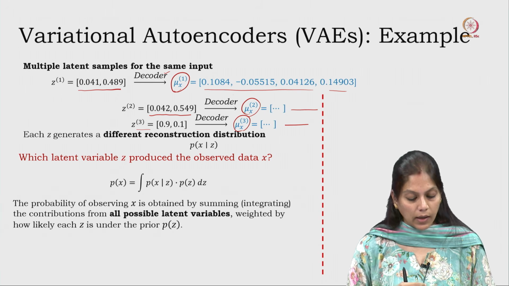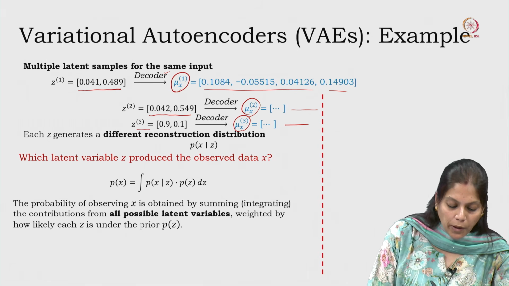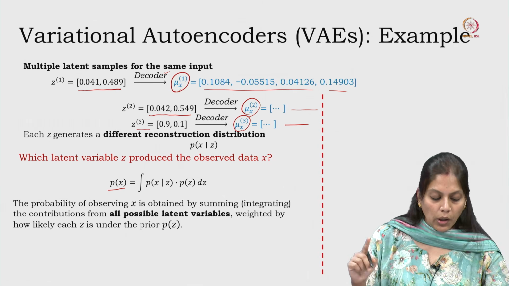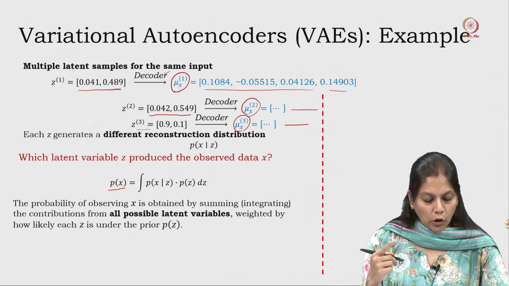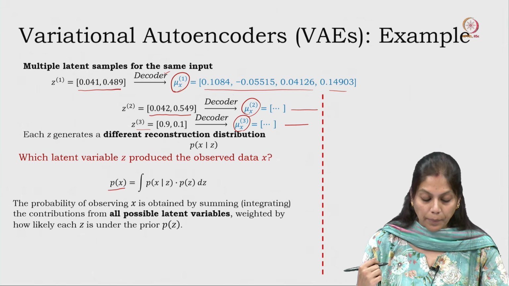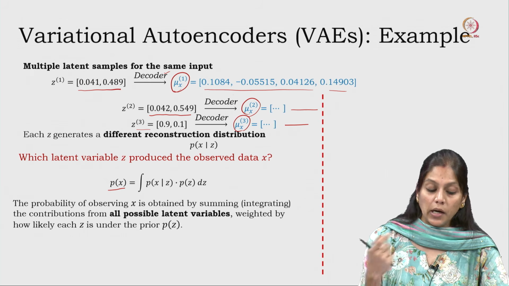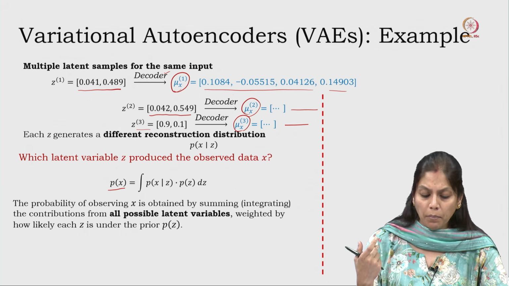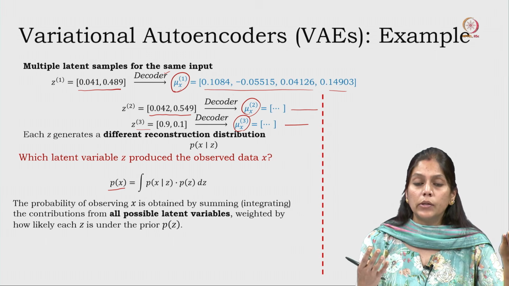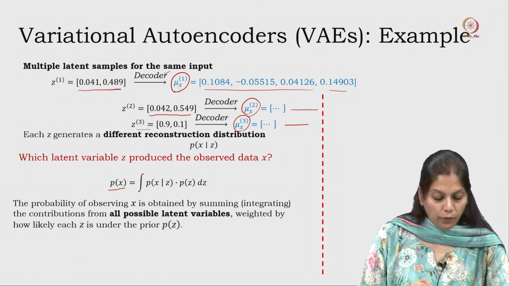So, the answer is that P of X is obtained by summing up all the contributions from all possible latent variables. Whichever latent variable Z is closely matching our original input, it is a summation of all those Z's which have actually produced this observed data.